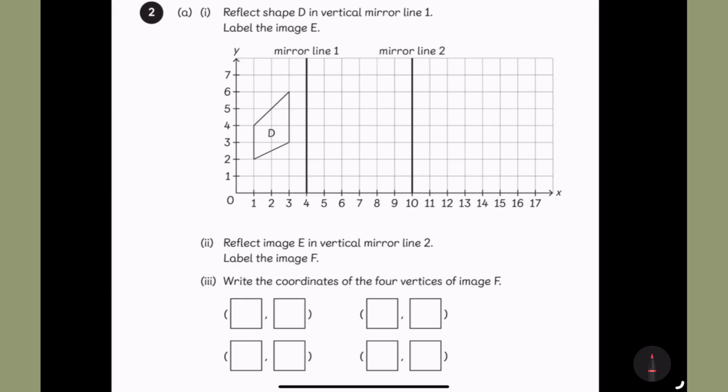So as we saw in the previous video, how we are supposed to count the units, and as per that we will draw our image. So I know the difference is 1 unit. I will do 1 unit. Same here, 1 unit. Let's come to this one. So if you see from the mirror, 1, 2, 3, let's count 1, 2, 3, right?